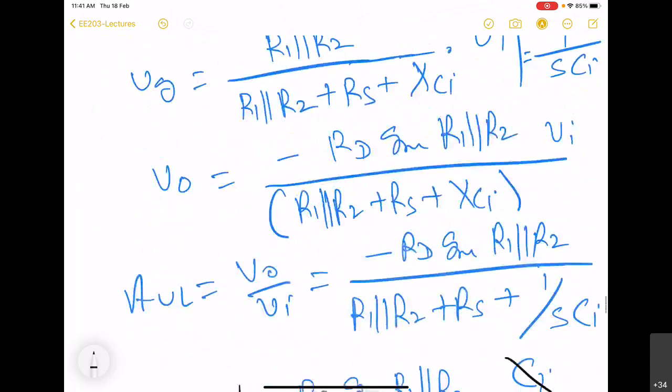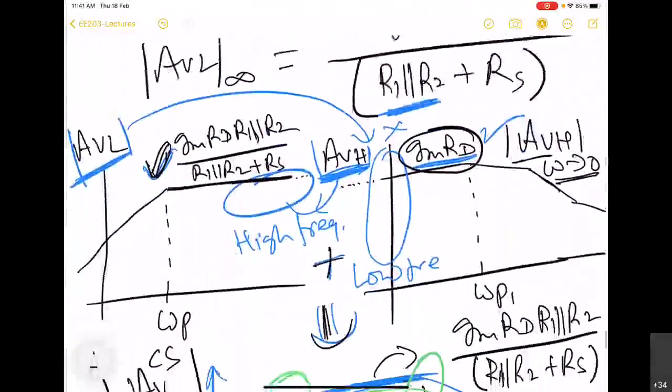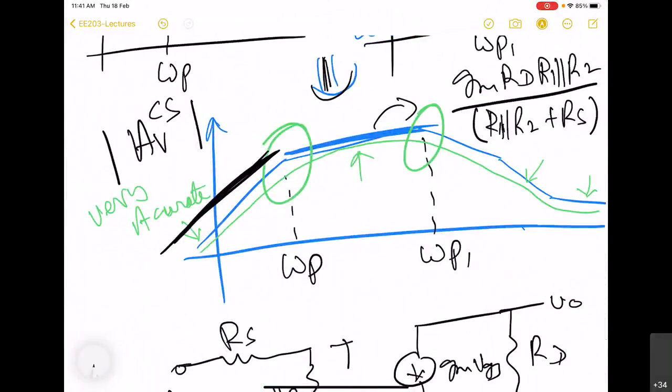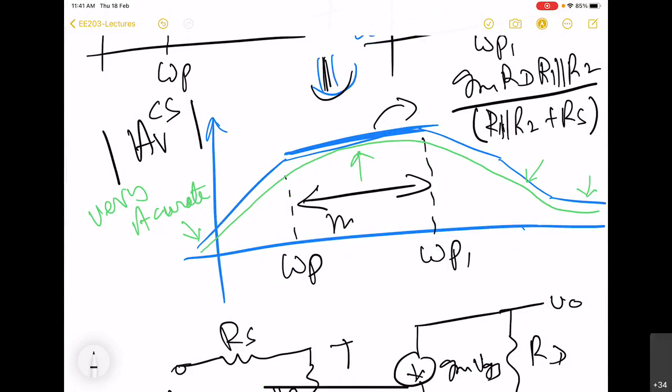So it is only in what is called the mid band. This frequency band will be called the mid band: frequencies which are neither too low nor too high.